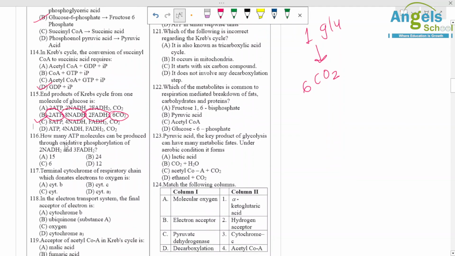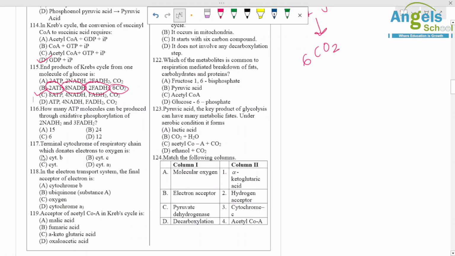Question number 116. How many ATP molecule can be produced through oxidative phosphorylation of 2 NADH2 and 3 FADH2?